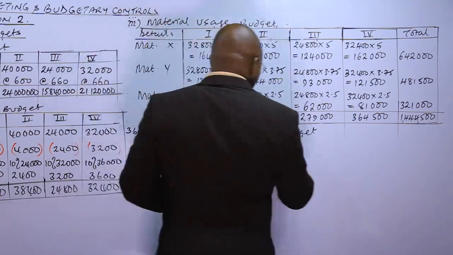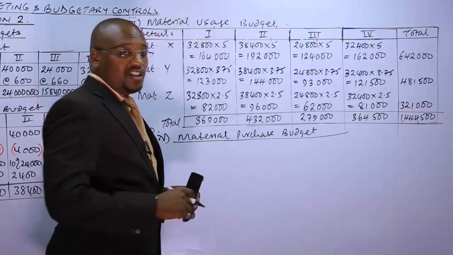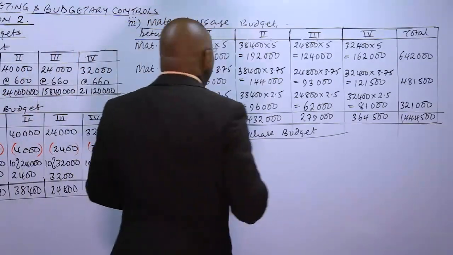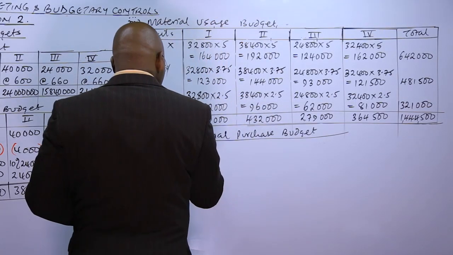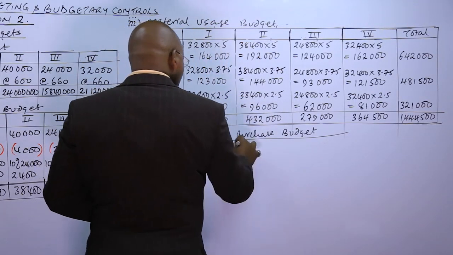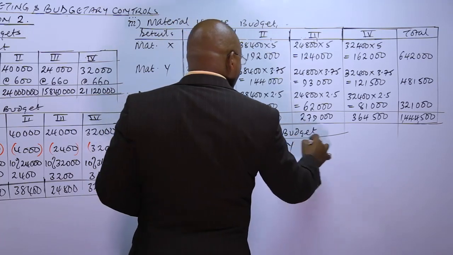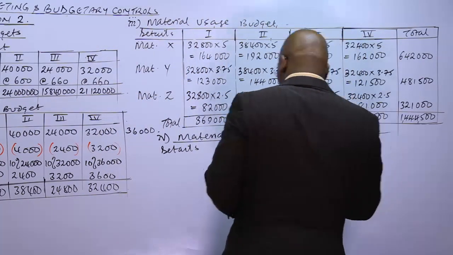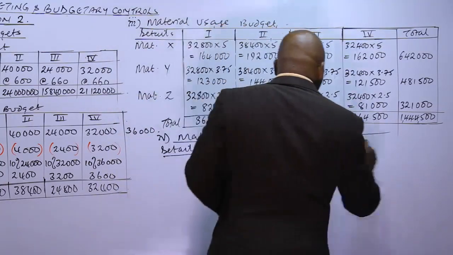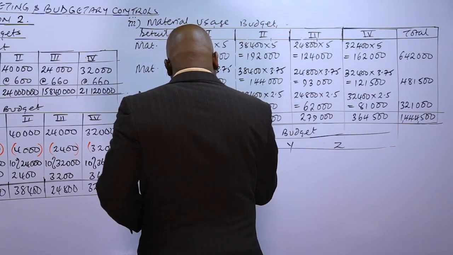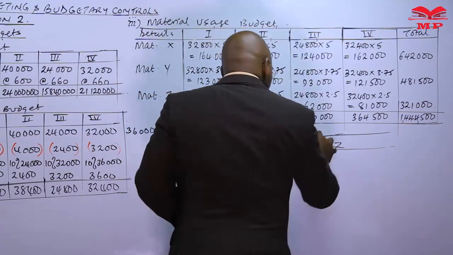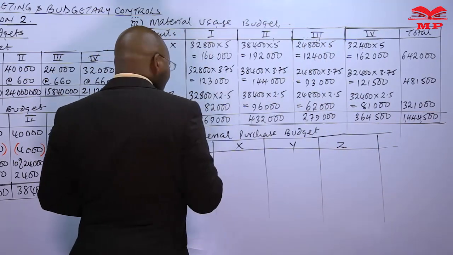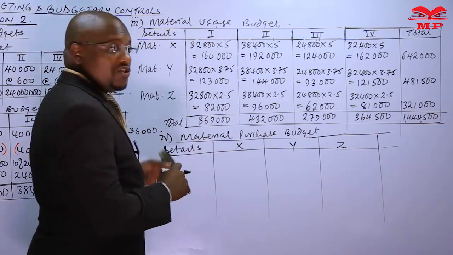Now this one we have to do in terms of materials because the price is for materials. So we're not going to have quarters. We'll have details: material X, material Y, and material Z. So you can have it this way.